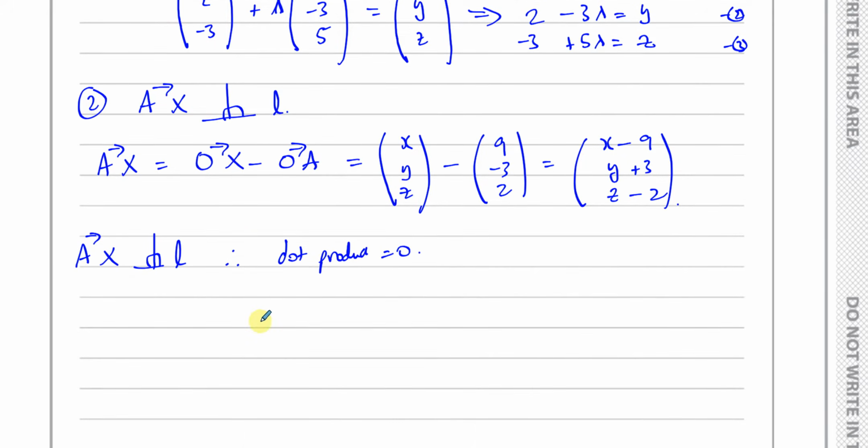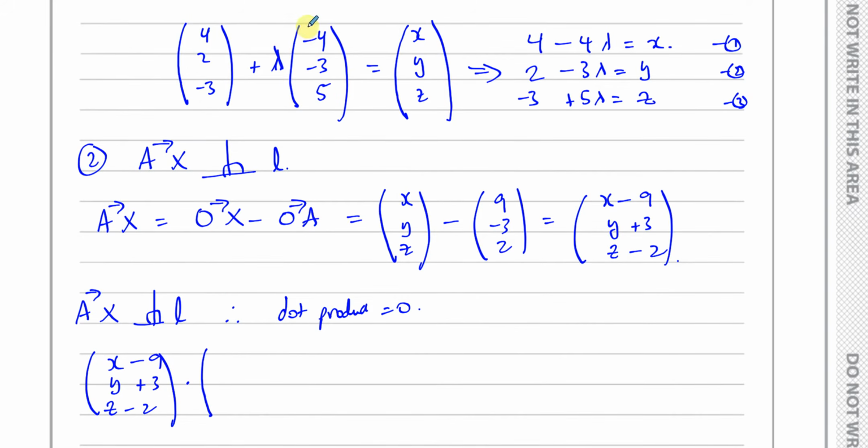So we can say that the dot product is going to be given by x minus 9, y plus 3, z minus 2 multiplied by, now we need the direction part of the vector, the line L, which is this, negative 4, negative 3, and 5. So when I multiply this by the dot product, I have to get 0. That will give us 0.